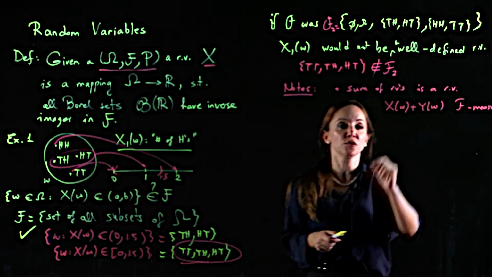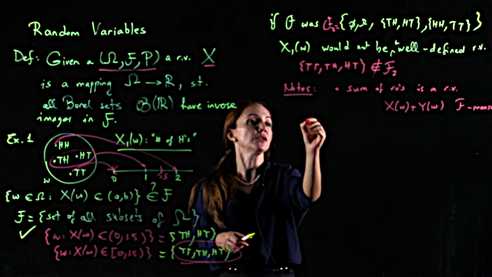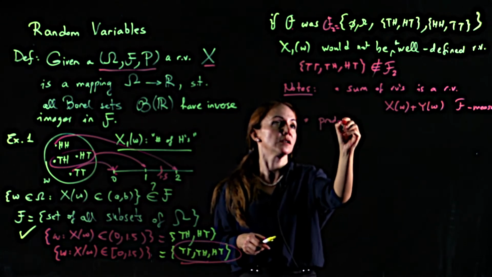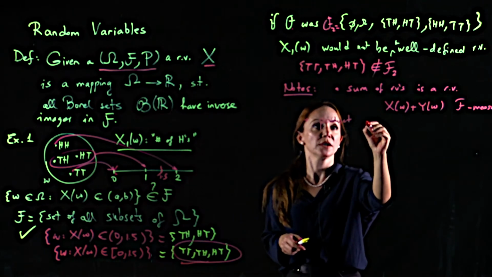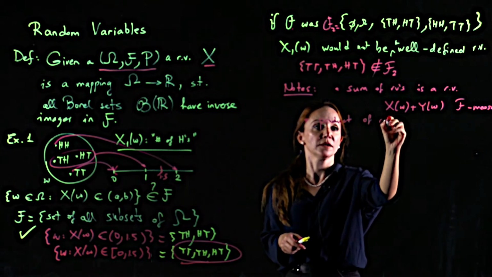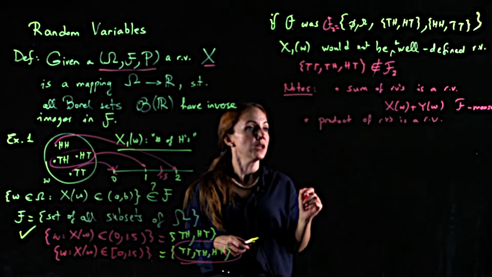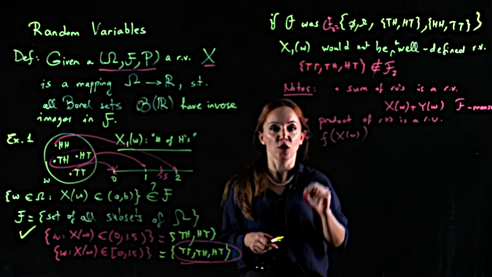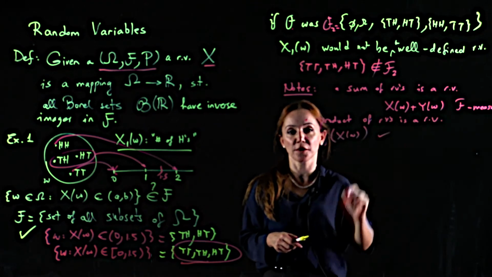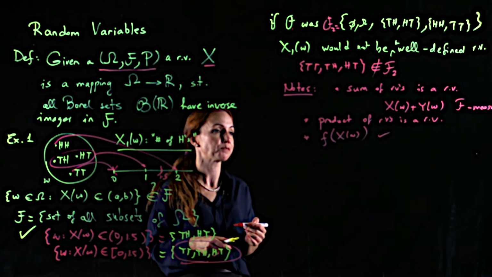It's easy to show this. You could show this as an exercise. Similarly, a product of random variables is a random variable. Similarly, a function of a random variable is a random variable as well, which you could also prove as an exercise.